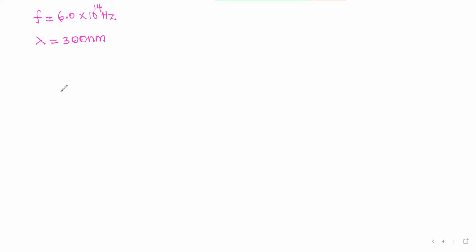So we learned about refractive index in several forms. Refractive index of a medium can be sine i over sine r. Absolute refractive index is c over v.